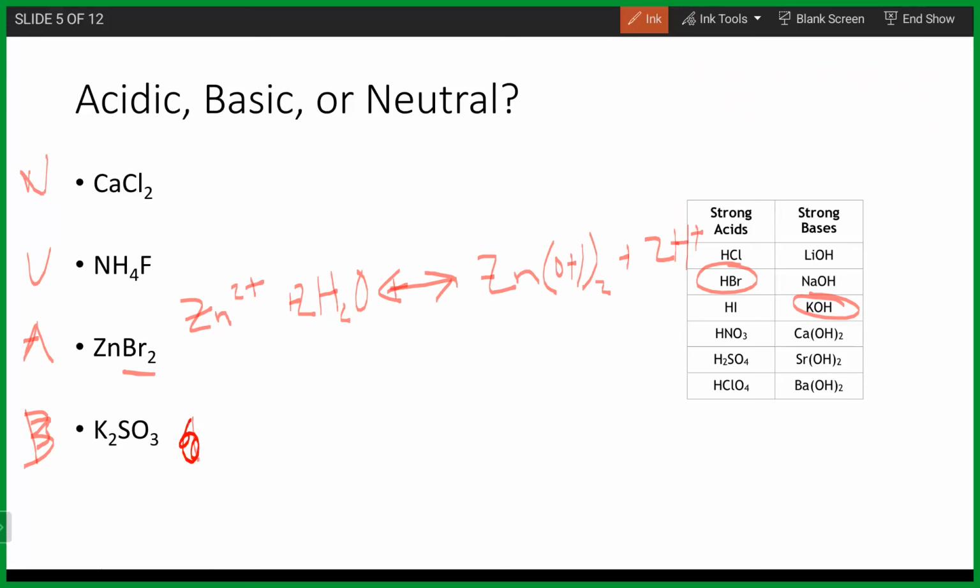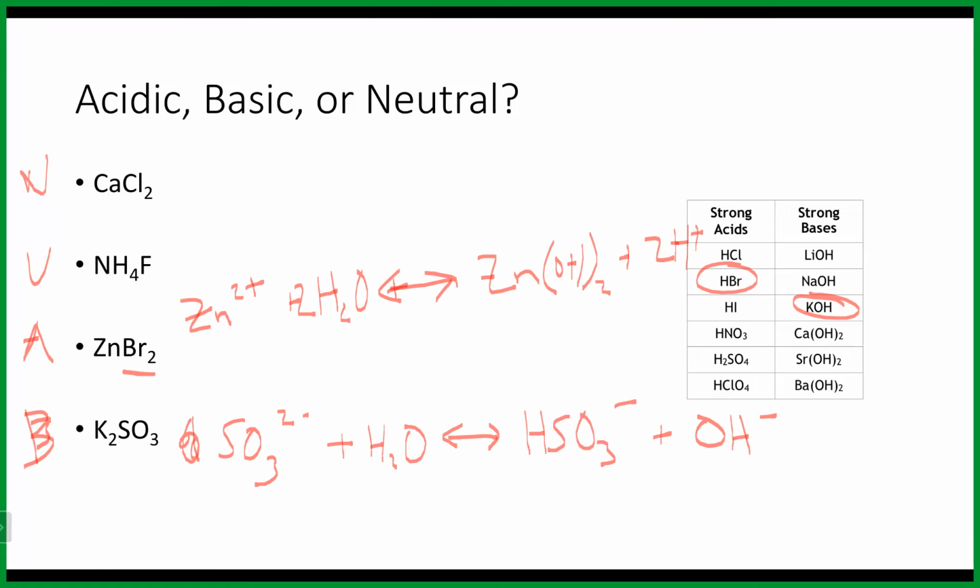But with the sulfide ion, we'll form HSO3 minus plus hydroxide. So we'll see that the pH is going to increase there, because we're looking at the hydroxide ion in this case rather than the hydronium or hydrogen.